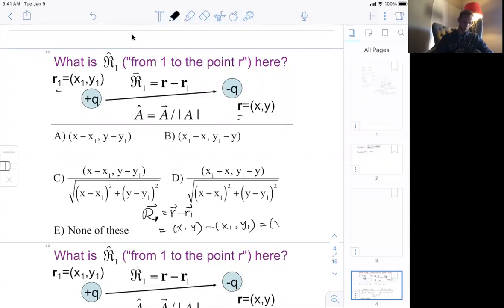You get x minus x1 and y minus y1. For those of you who chose A, you gave the correct expression for the R vector, but it's asking for R hat. You need to remember to divide by the magnitude of R, and that gives you choice C, which is correct. Very good.